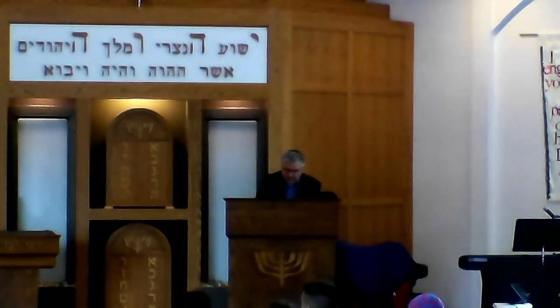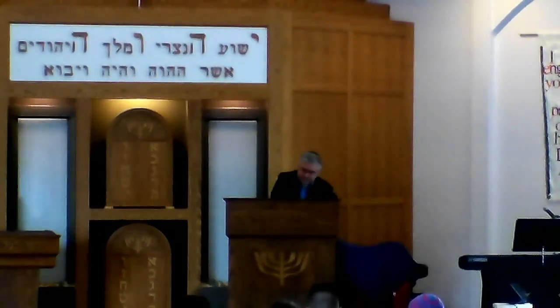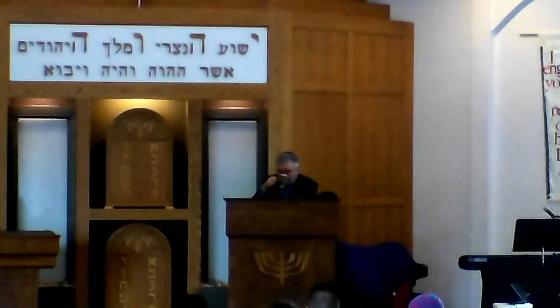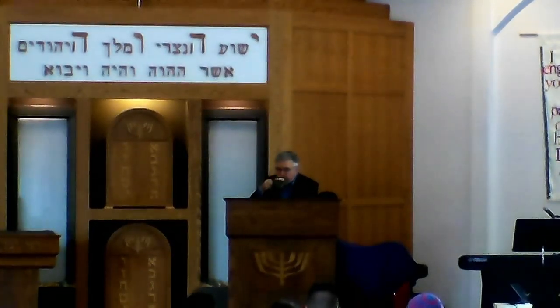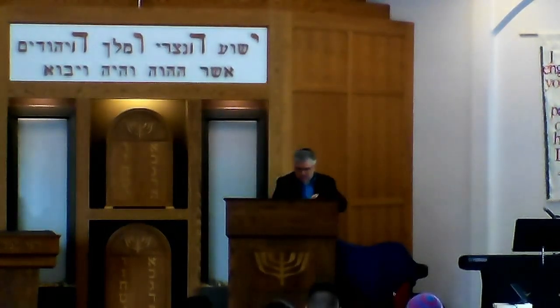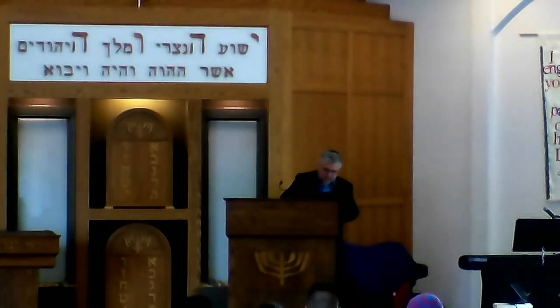So let's begin with 1 Corinthians 8:1 through 6, which says: With regard to food sacrificed to idols, we know that we all have knowledge. Knowledge puffs up, but love builds up. If someone thinks he knows something, he does not yet know to the degree that he needs to know. But if someone loves God, he is known by God.